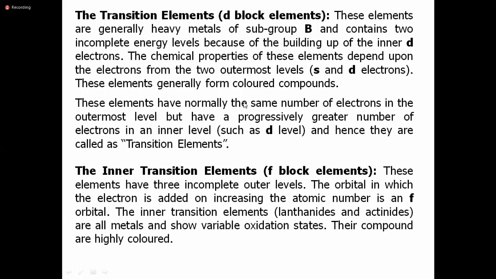Yes, sir. When d is completely filled, that will not be called a transition element, only few exceptions. So when there is a partially filled d orbital, that will be called a transition element. Otherwise, not much difference between the d block elements and transition elements. Both are almost similar in kind, with some exceptions.